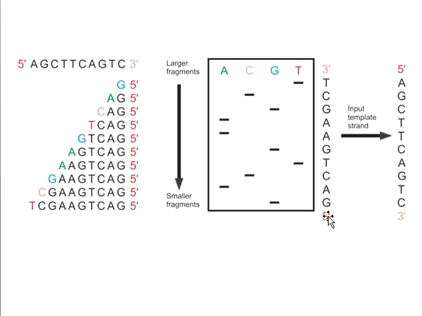So like this we determine the sequence of DNA based on the addition of dideoxynucleotides, and based on this sequence we determine the sequence of our template. The template sequence is exactly complementary to the sequence of the dideoxynucleotide terminated chains. So based on that we determine the sequence of our input template DNA in Sanger sequencing.